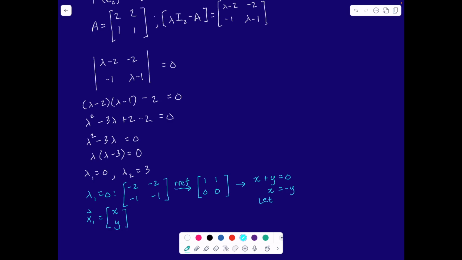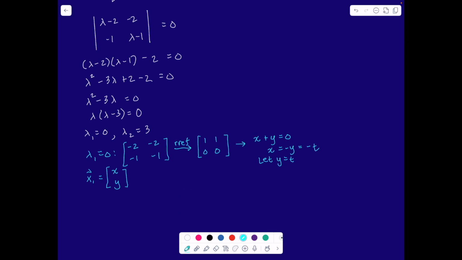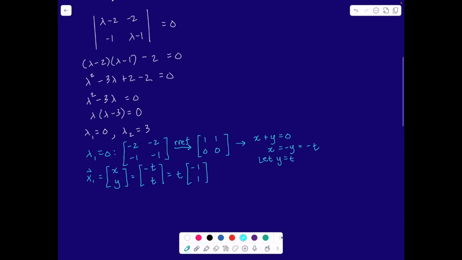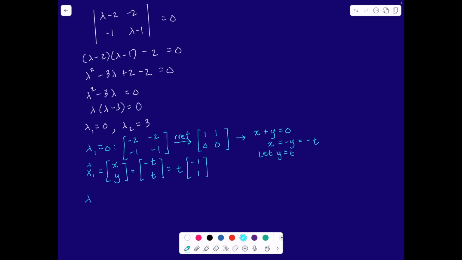Let y equal t, then x will be negative t. So that will equal negative t, and if I factor out a t, I'll just have (-1, 1).